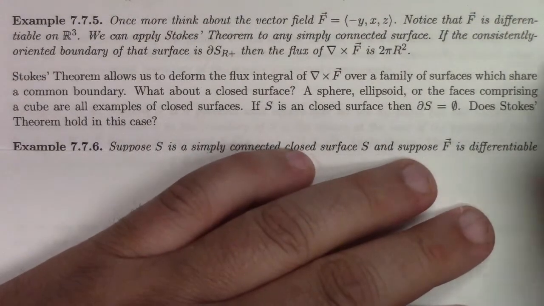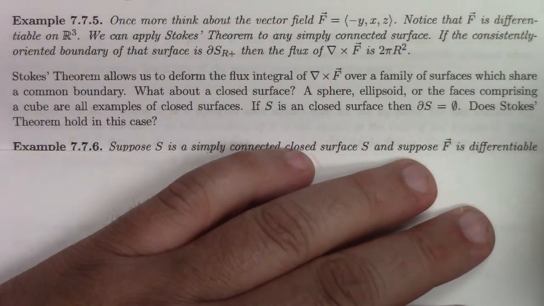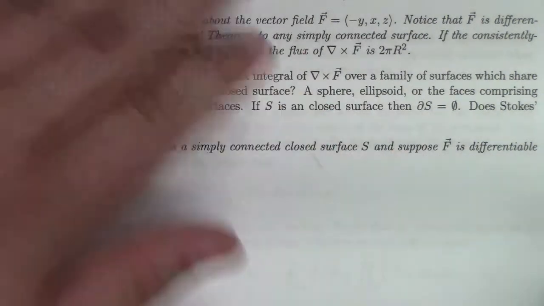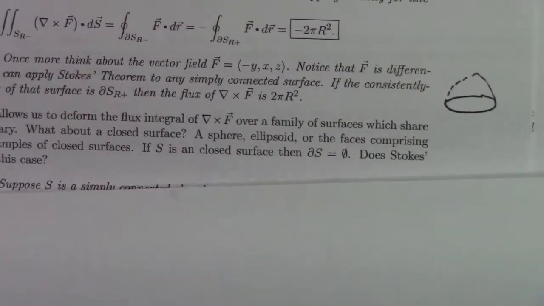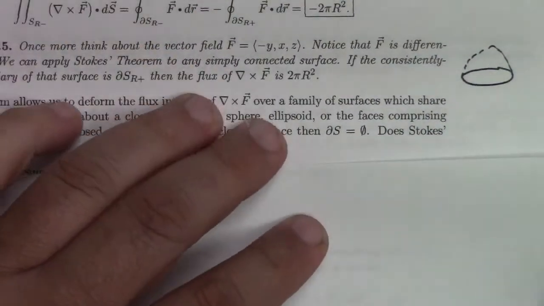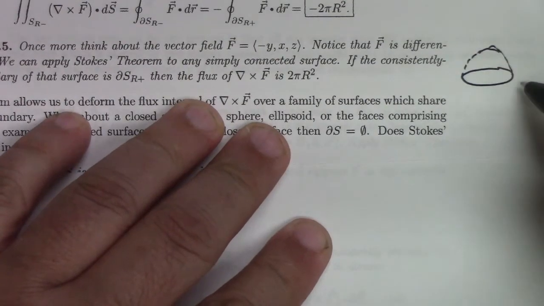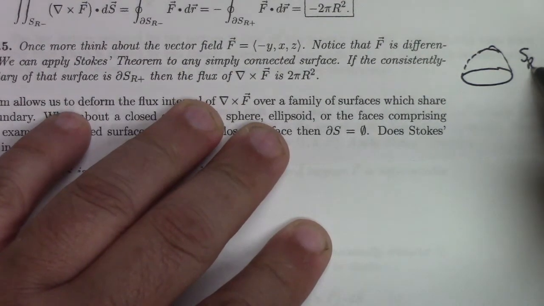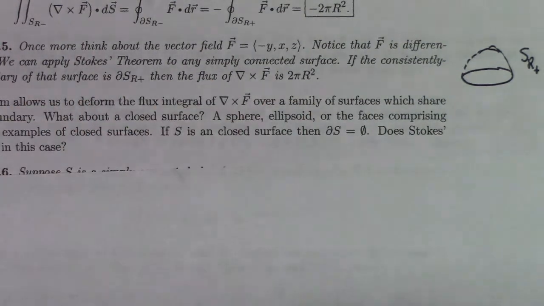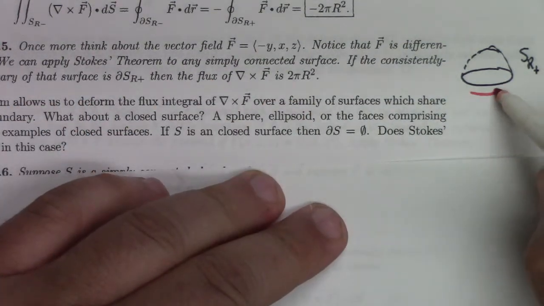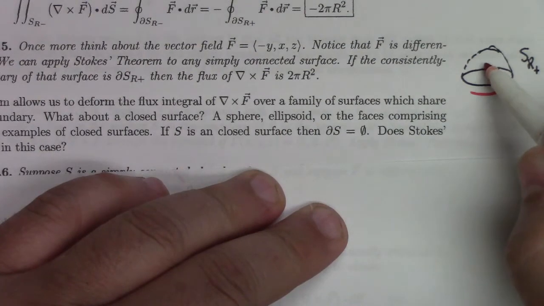So what I'm saying here is, if you take a surface, and originally this is S_R plus. Let me scooch over here so you can see my picture. Sorry about that. So this is my original S_R plus, and the boundary of it is, as we discussed, like so, and like here backwards.